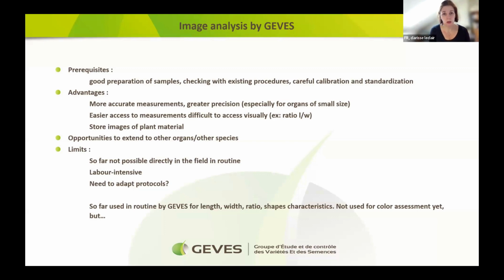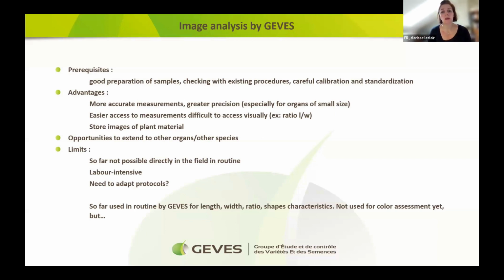So why do we use image analysis? We think it can help and provide more accurate measurements, a greater precision, especially for organs of small size, such as the petals or the seeds.